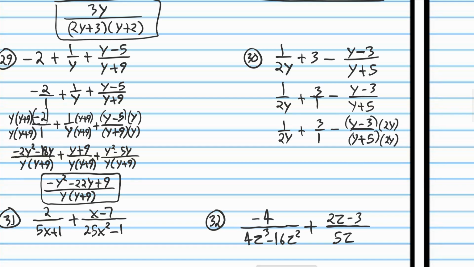And please put the y minus 3 and the y plus 5 in parentheses. And multiply both sides of this fraction by y plus 5. You don't need parentheses here because that's just a monomial. So again, you have to multiply by both factors.